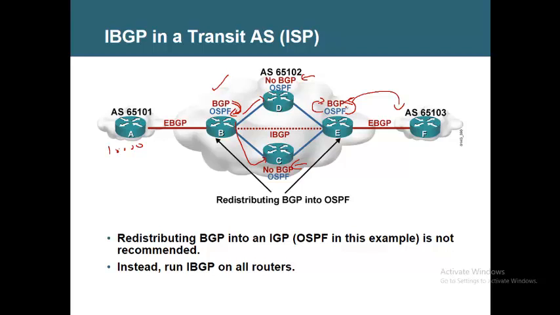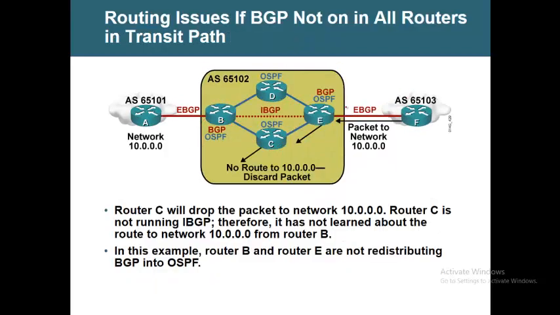So, redistribution is not a good idea. The best one is not in this chapter. We already discussed that we need to put a tunnel. Put a tunnel between B and E, which is also widely seen in big ISPs. We use MPBGP, IPv4, VPN tunnels.